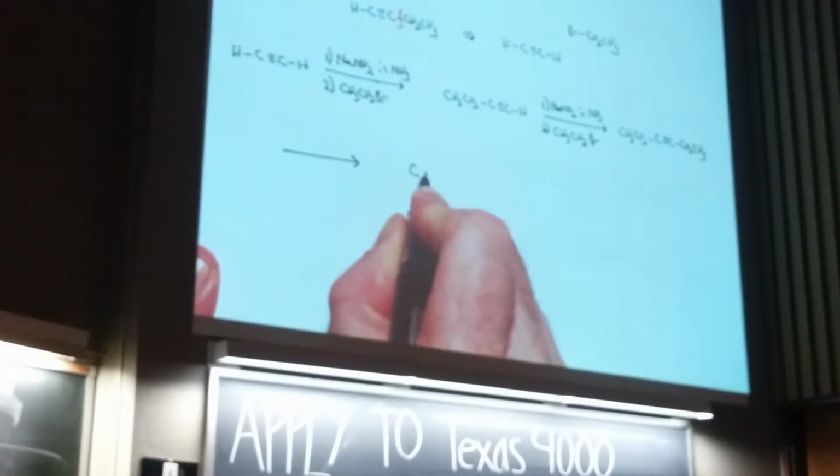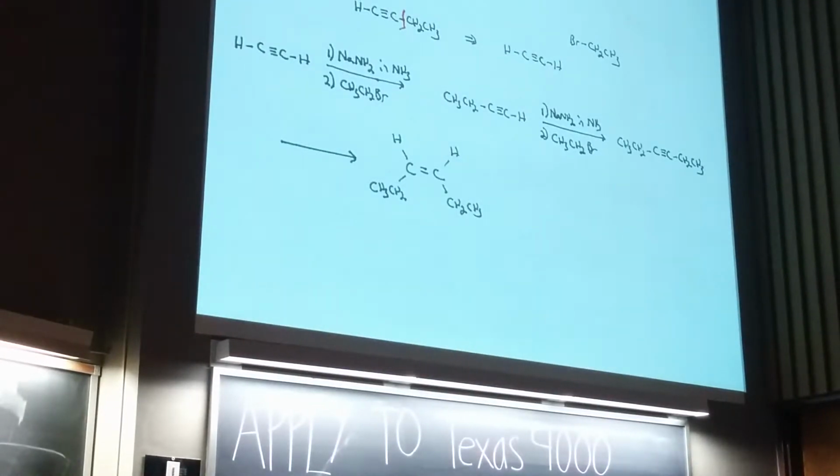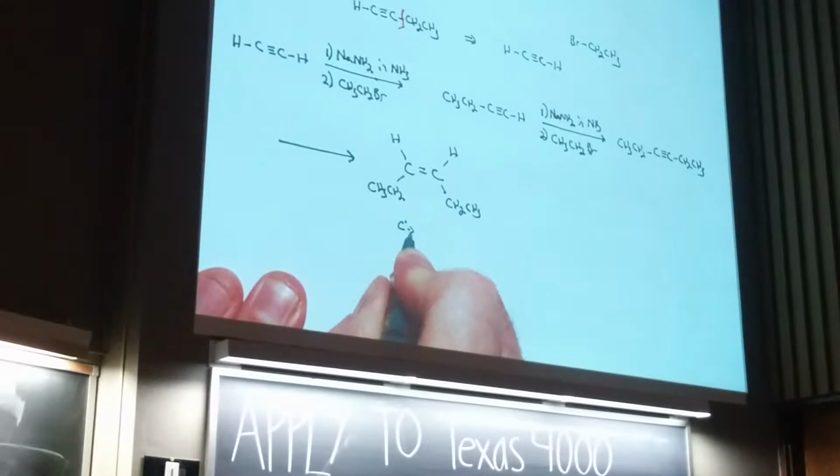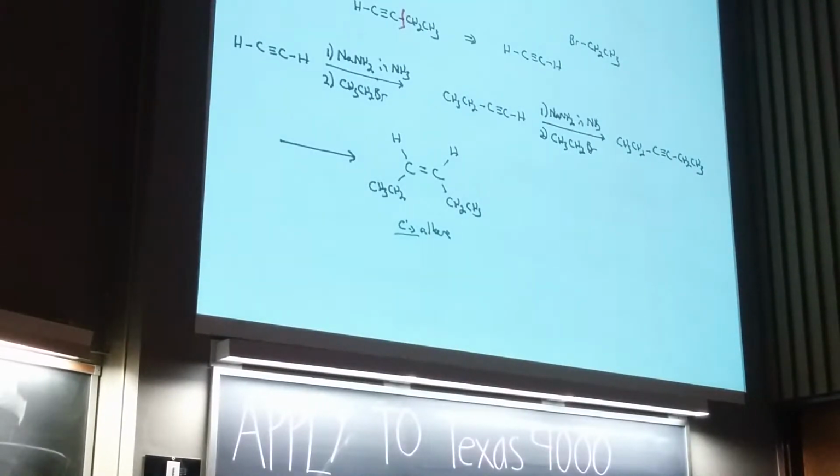which I've said we can selectively reduce, stop the reduction at the double bond, and specifically obtain the cis alkene. How do we do that?